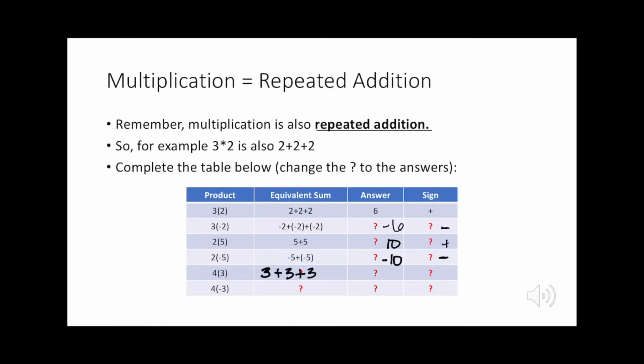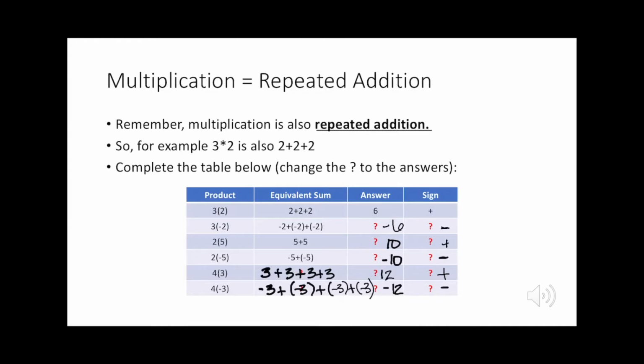So you should have 3 plus 3 plus 3 plus 3. When I add those together, I get positive 12. My sign is positive. But when I multiply 4 times negative 3, or have 4 groups of negative 3, I get negative 12, and my sign is negative.